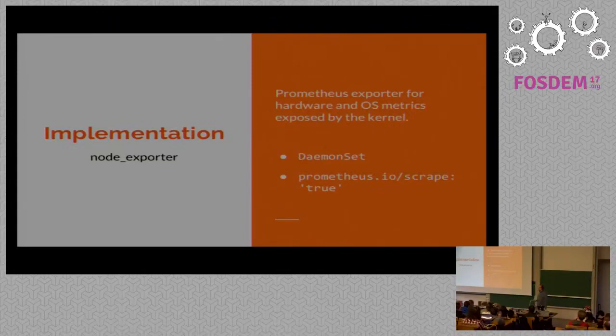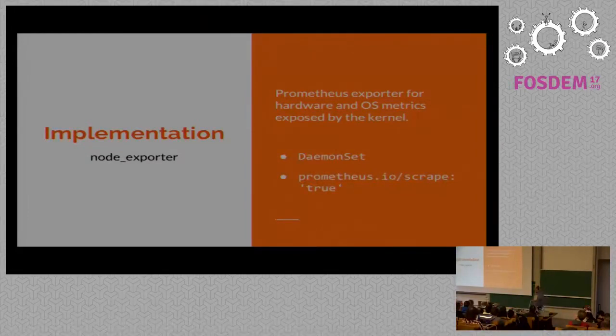The second part is the node exporter. We already heard about node exporter in Carl's talk, I think. This is an exporter from Prometheus itself to export hardware and OS metrics, for example, provided by the kernel. In our Kubernetes deployment here, this node exporter is deployed as a daemon set.